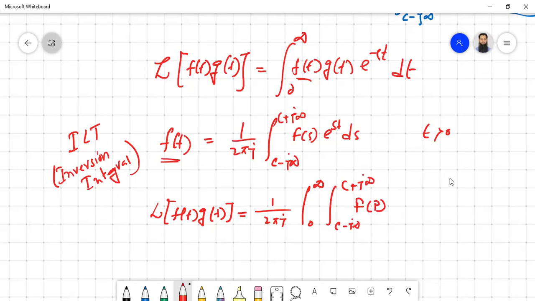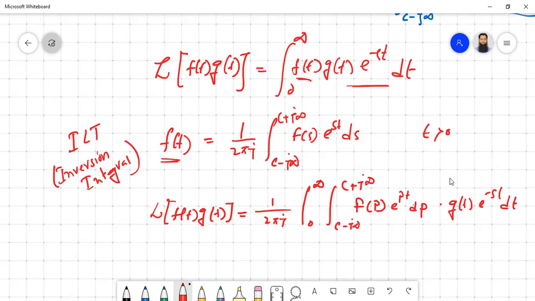We are introducing another parameter p because we already have s in this equation. So e to the power pt, dp with respect to p, and then you have g(t), the previous one, e to the power minus st dt.